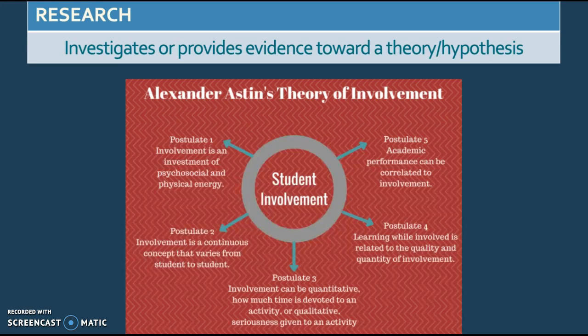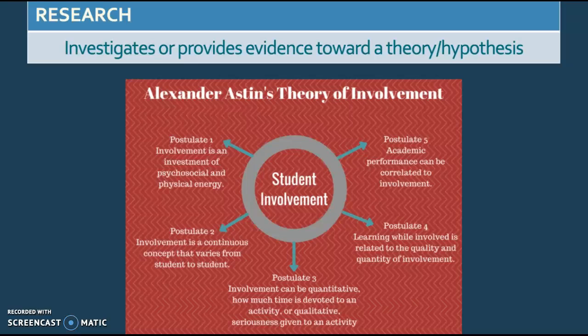You might also be familiar with, from student development theory in particular, or some other programs or experiences that you've had yourself, Astin's theory of student involvement, as it provides several different postulates. Looks like there are 1 through 5 here, describing what involvement is. So involvement is an investment of psychosocial and physical energy. Involvement is a continuous concept that varies from student to student.